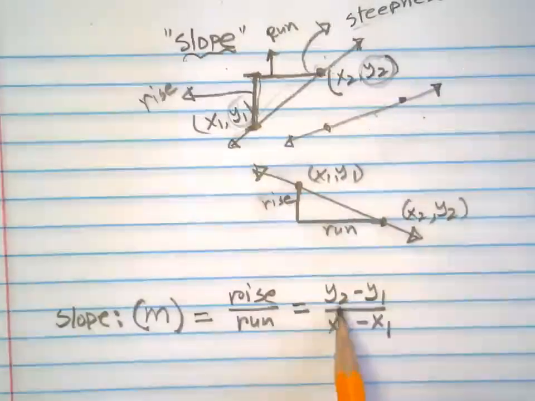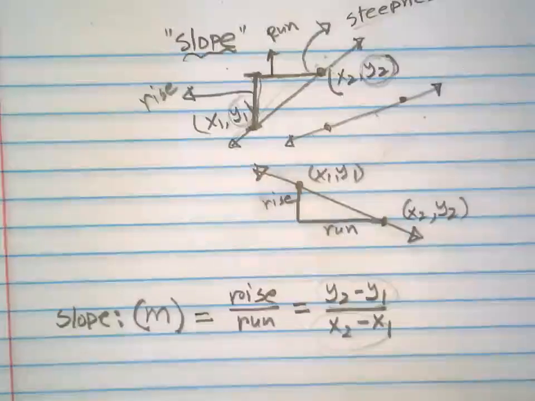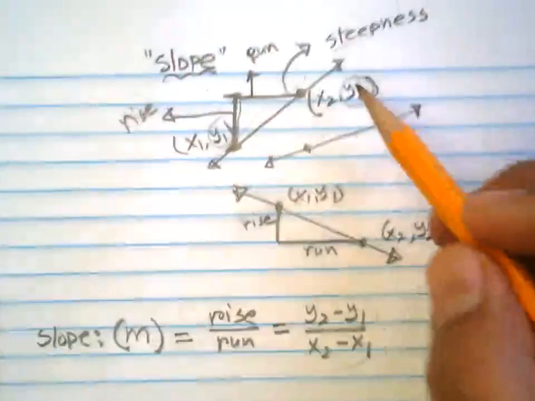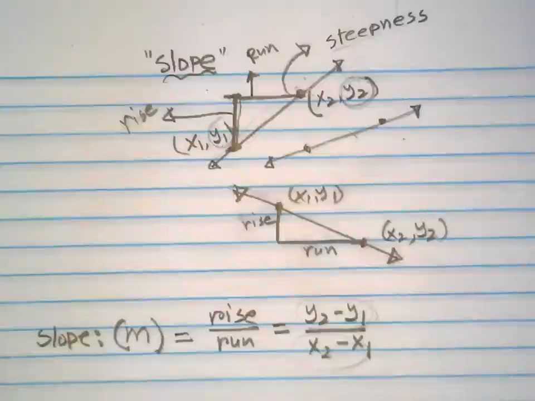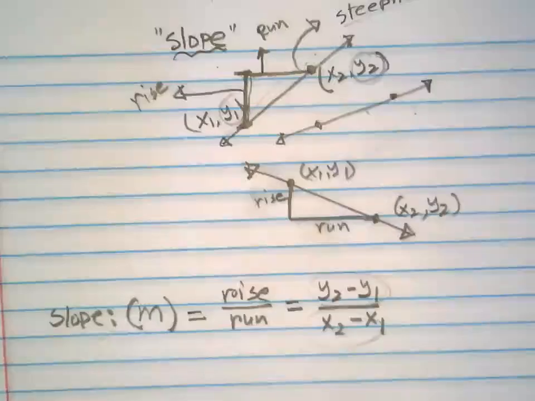If you divide the rise by the run, you will find a number that tells you how steep your line is. I hope that makes sense. Now I'm going to give you an example.